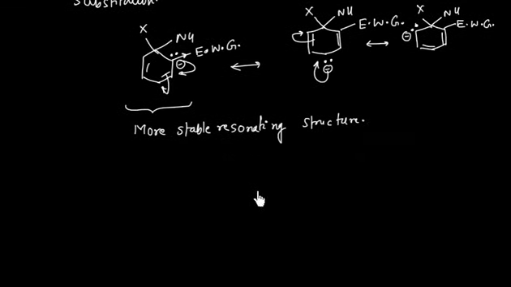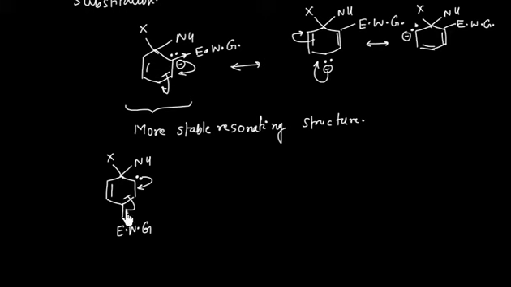Now let us say the electron withdrawing group is attached at the para position. The same thing will happen in this case.